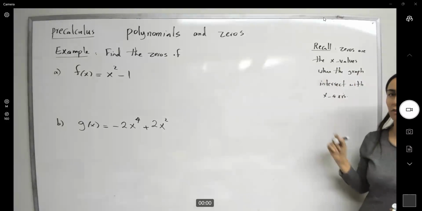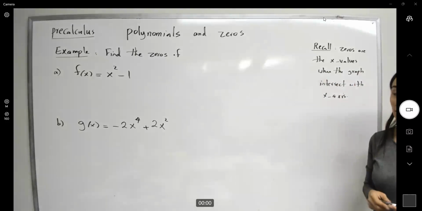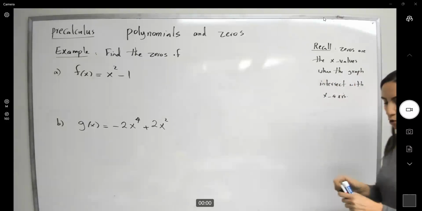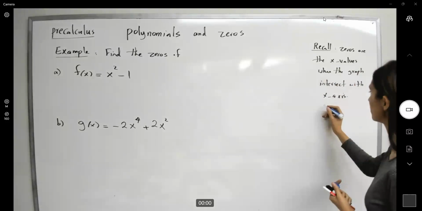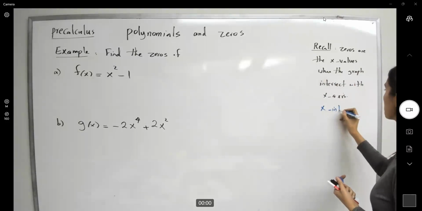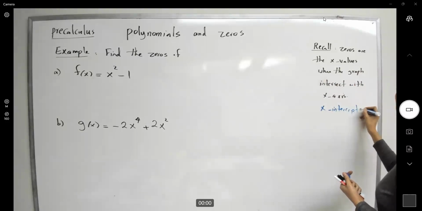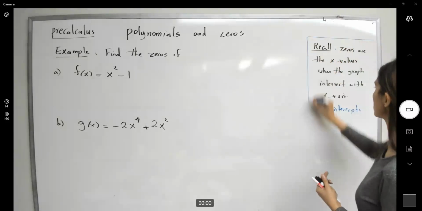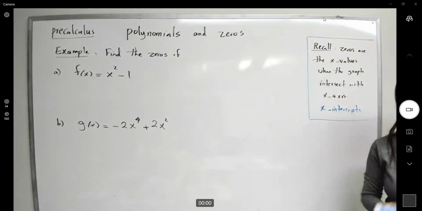We saw another definition for zeros before. Remember x-intercepts? So you're actually finding the x-intercepts. Zeros and x-intercepts are the same thing.